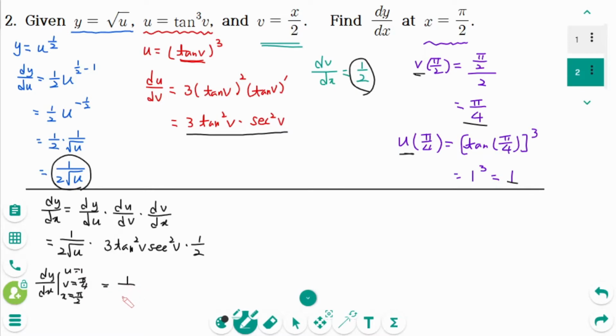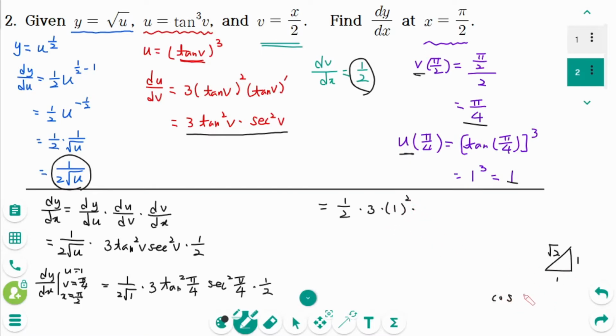So 1 over 2 square root of 1 times 3 times tangent squared pi over 4 secant squared pi over 4 times 1 over 2 equals 1 over 2 times 3 times, use the triangle 1, 1, square root of 2, then tangent pi over 4 equals 1, then squared.